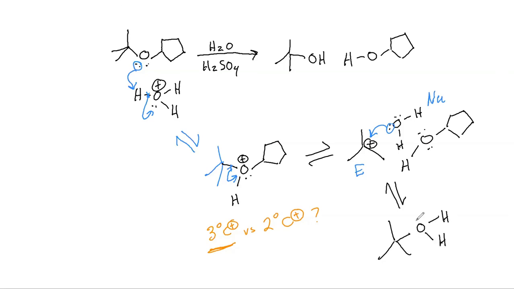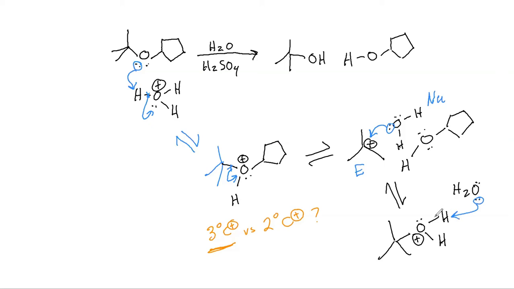And this just leaves us one step left, which is to go from the protonated alcohol to the neutral alcohol. So we need something that is acting like a base. Let's say water, to come along and pick up that extra hydrogen.